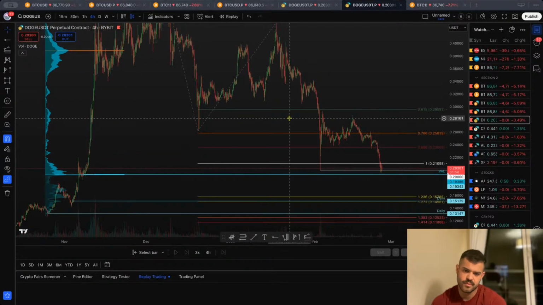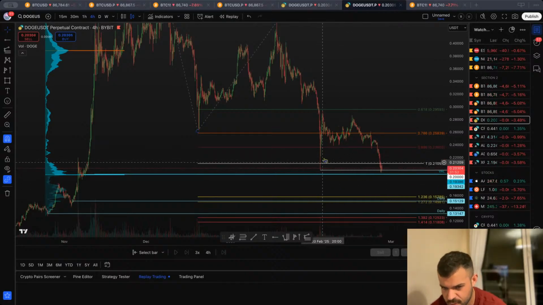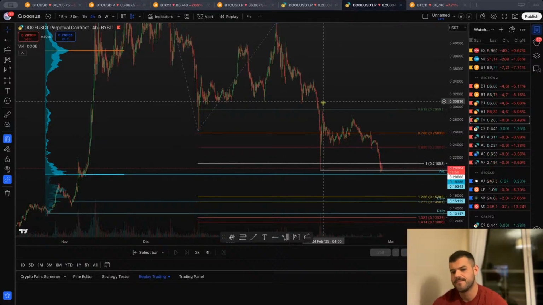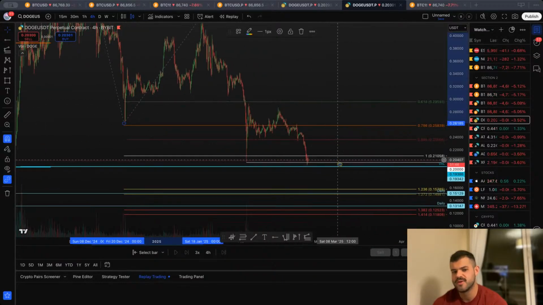So where exactly did I pull this from? It went straight through it, straight to the 1-to-1, came back up, and we could look on even lower time frames here as well.